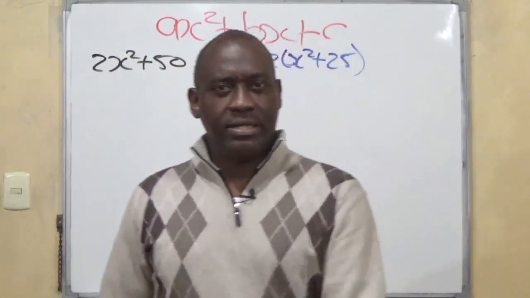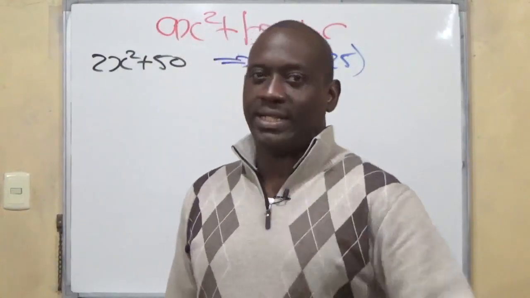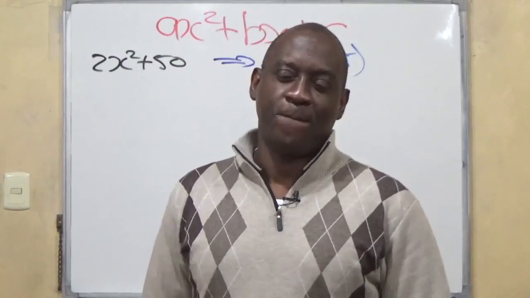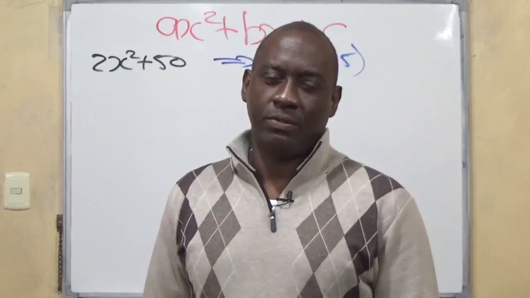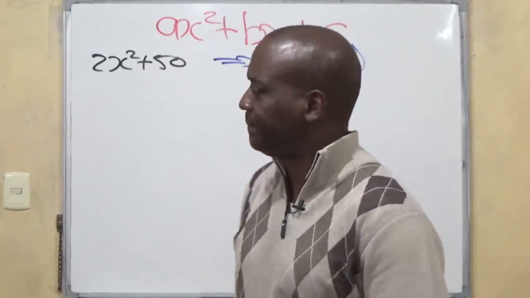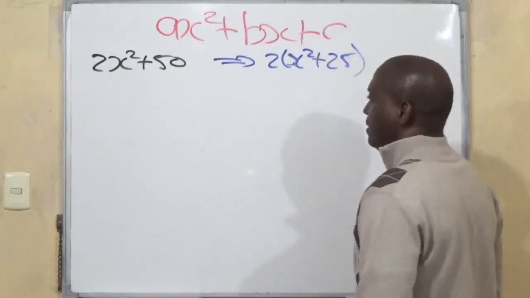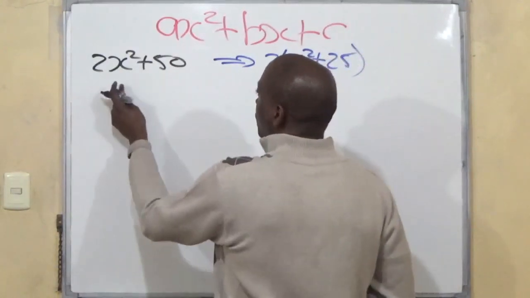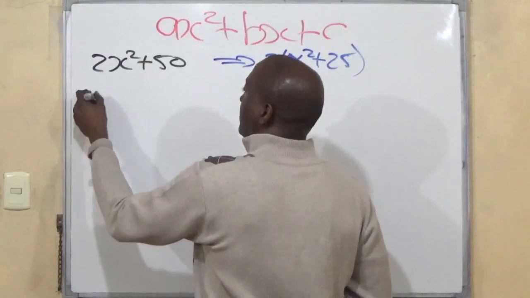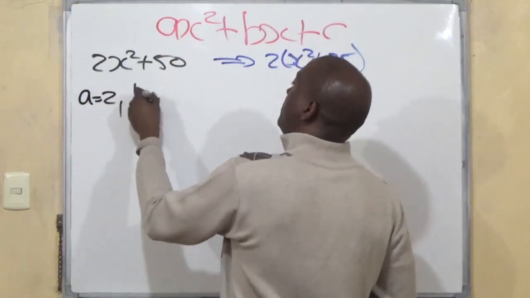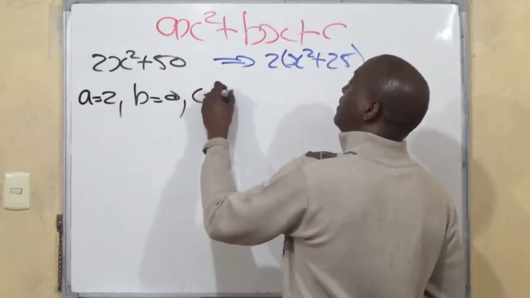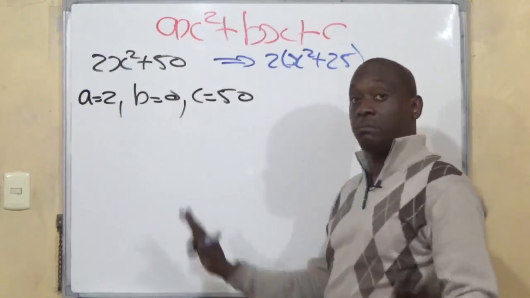Anything other than addition and multiplication, you will get an error if you try to use 0 in most instances. Right? So let me use the A and the B and the C now, the AC method, right? Quadratic. So B is equal to 0. So watch me. A is equal to 2, B is equal to 0, and C is equal to 50.